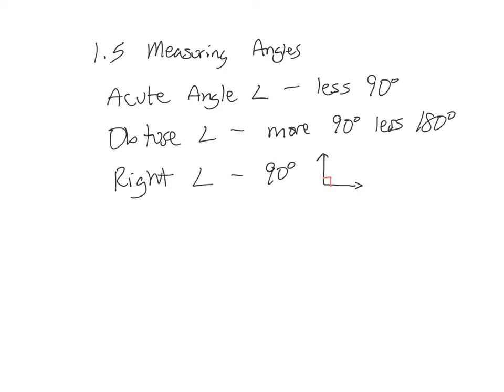And then we have, this is kind of a new one. Kind of a weird term, but a straight angle. It's kind of an oxymoron. 180 degrees. So it's just a line.